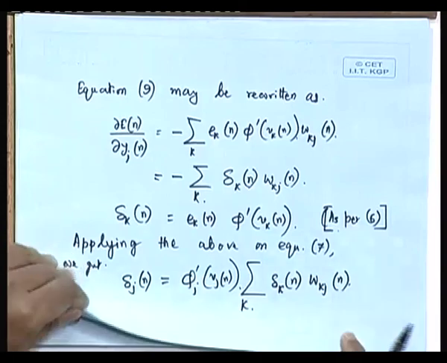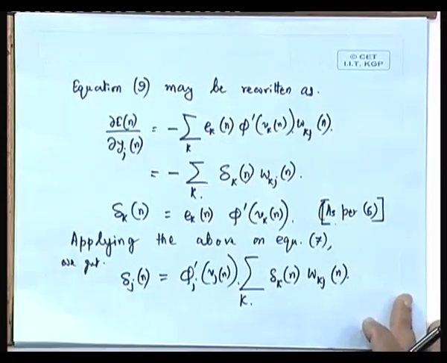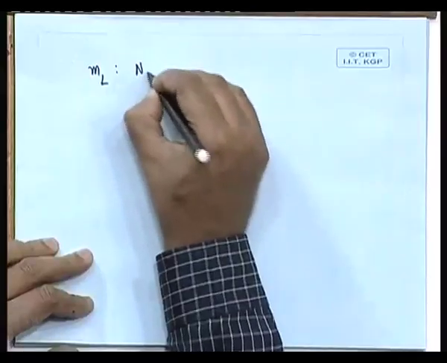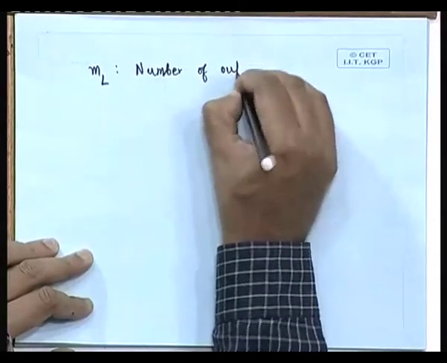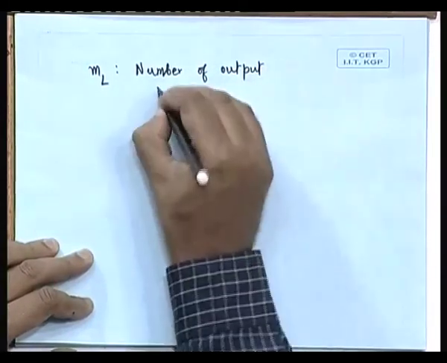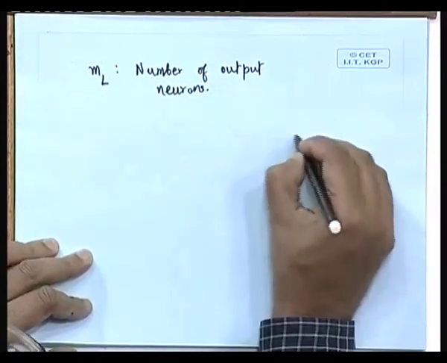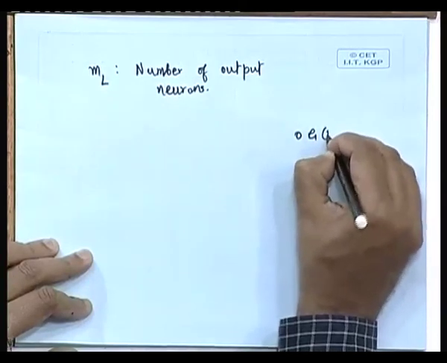Let's say that we have ml as the number of output neurons. Here we are showing all the errors.